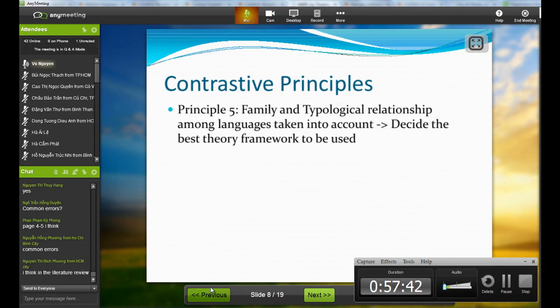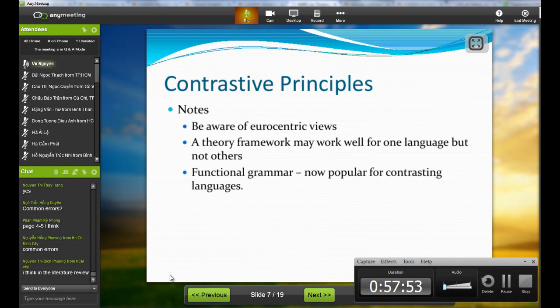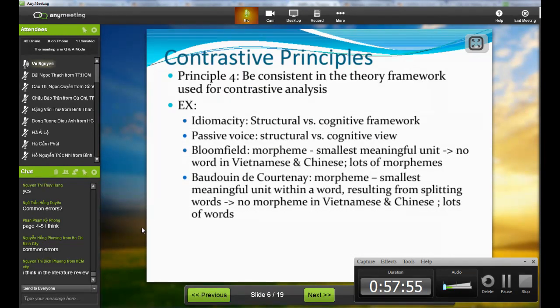So you see, because she's working on vocabulary structure and phrase structures, typological relationship is useful. Now, she used two different, conflicting theory frameworks in her analysis.